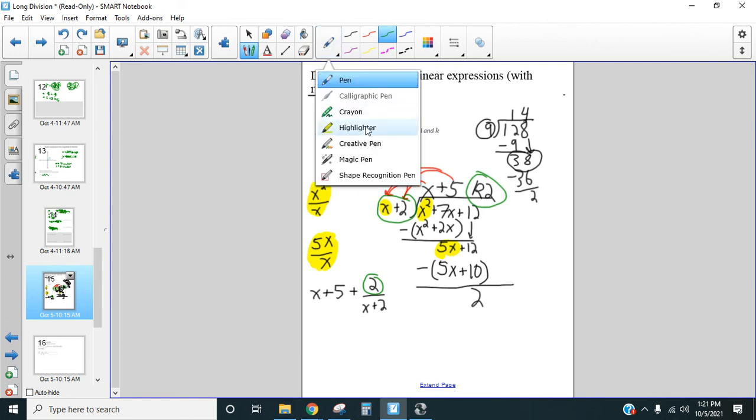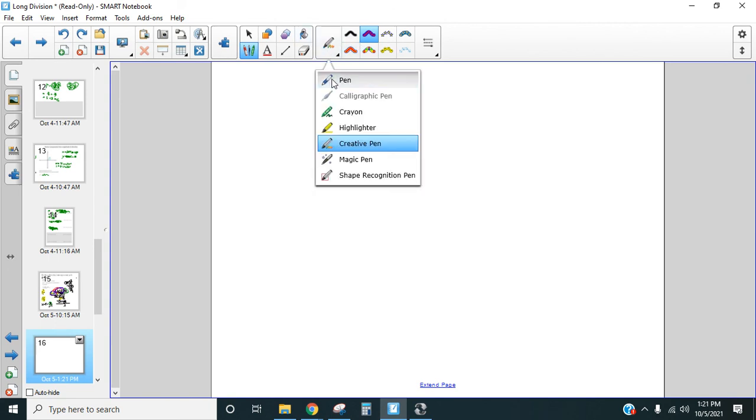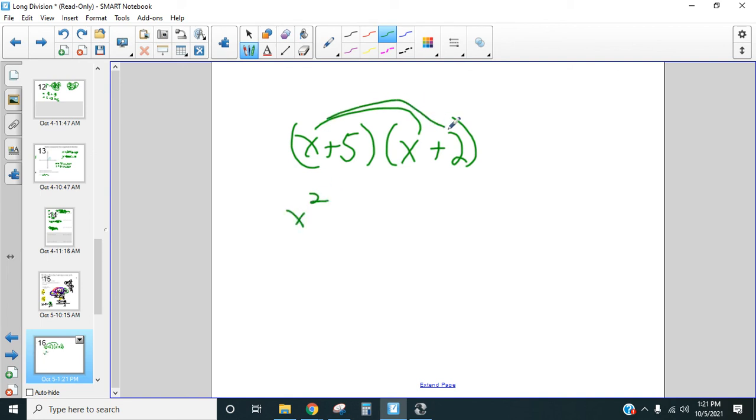Now I'm going to show you how you can check your answer. Take a look at these 2 things. I know I got a lot of stuff going on here, but take a look at this and that. x plus 5 and x plus 2. Watch. What happens if you multiply them? Remember, it's a division problem, so we can check ourselves by multiplying. What's that? x squared. Okay, what's that? 2x. And this is another 5x, so we end up with 5 times 2.